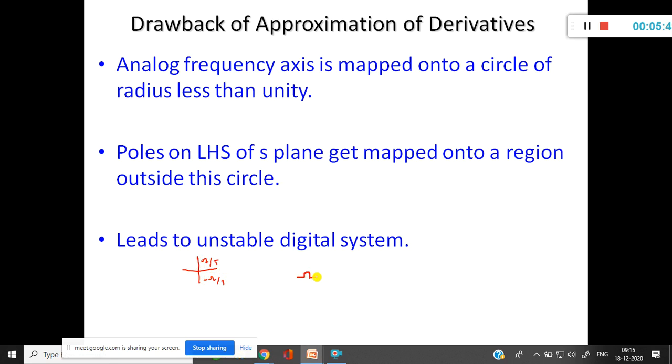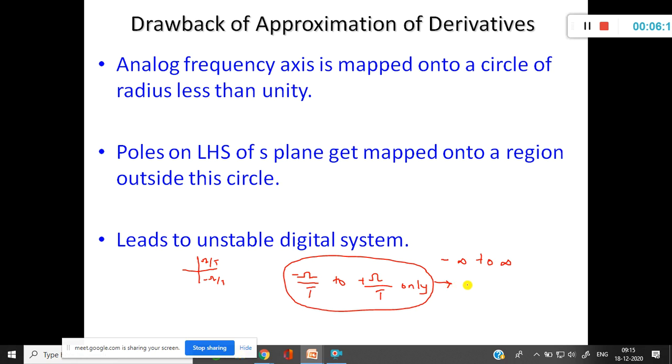So this was the maximum frequency that we have chosen, which means that when I say all the frequencies, it must be ranging from minus infinity to plus infinity. This was not possible in the impulse invariance method.